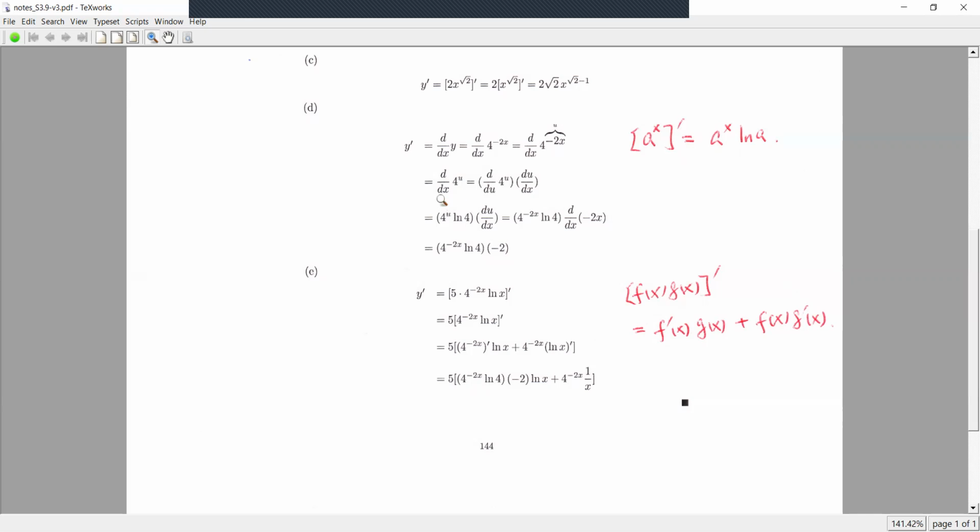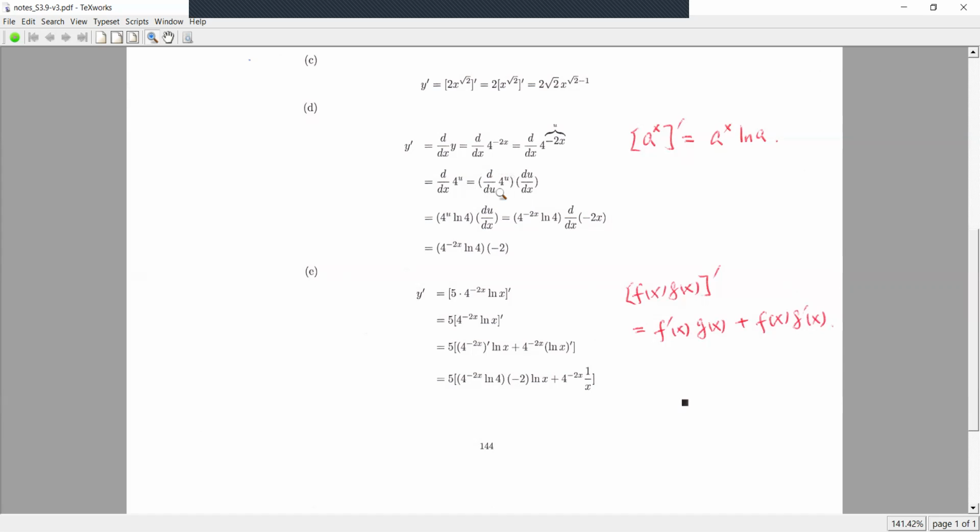Before I can compute this derivative, I need the chain rule. I insert du to the bottom and a du to the top. Then this derivative is equal to this derivative times this derivative.